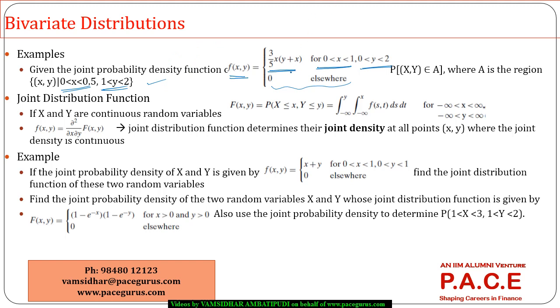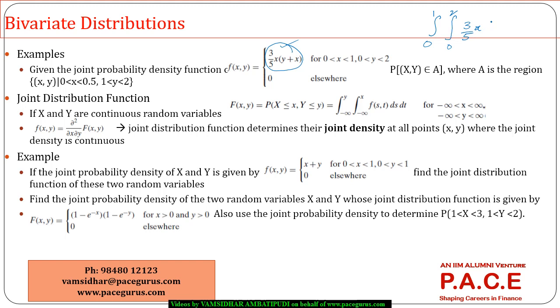So I can very well integrate because I know that this is a joint probability density function. But if I have to really prove that it is a joint probability density function, I have to integrate it over the entire interval and see that the total probability is 1.